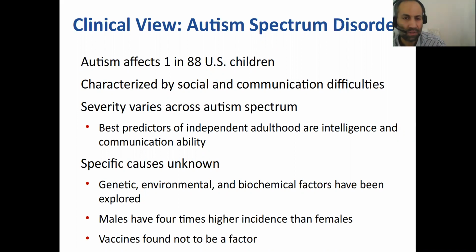The statistics, as you see here, about 1 in 88 children here in the United States, many more across the world, of course. And this is a psychodevelopmental disorder that has to do with problems with social interaction, with the way the brain works, translating into social and academic life, and of course, many ramifications that come from it.